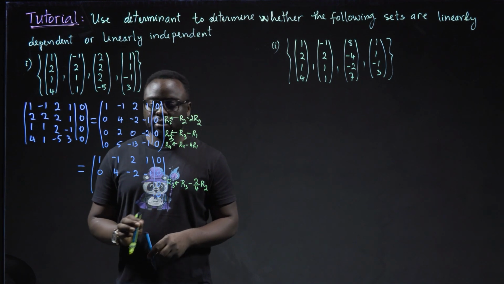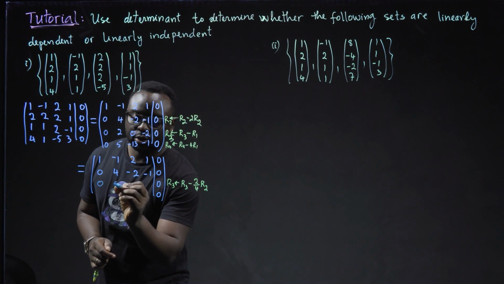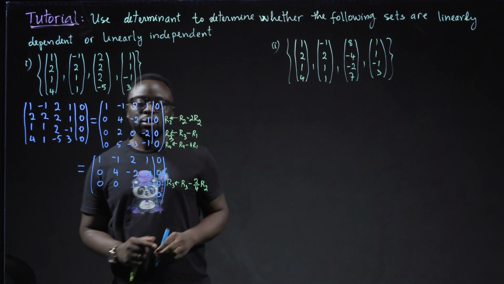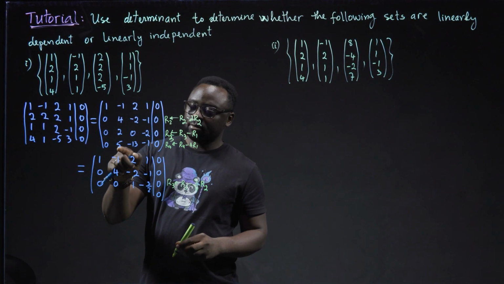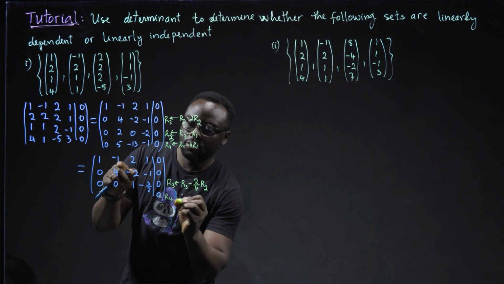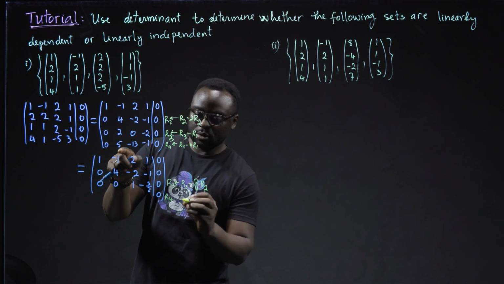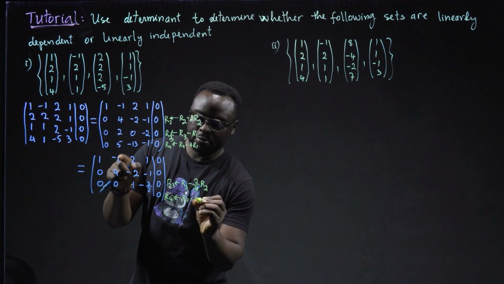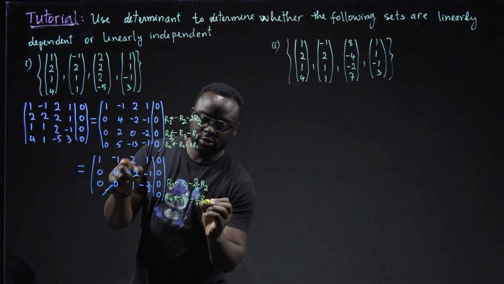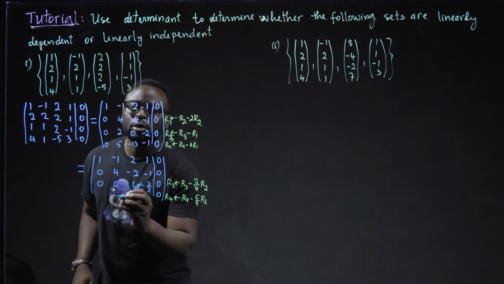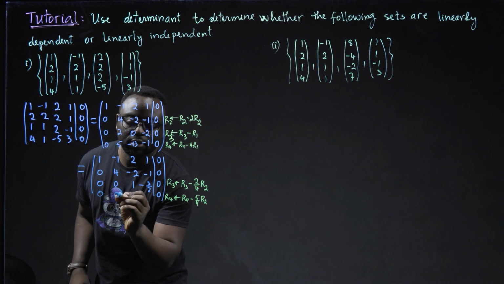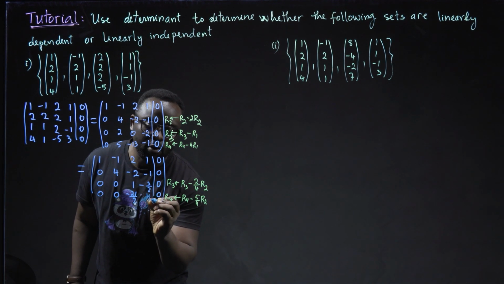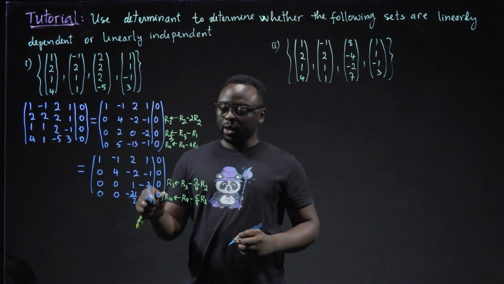By doing that, we have here 0. We also have 0. This is 1 and minus 3 over 2. For the last one, we have R4. We want to get rid of this 5. So this is R4 minus 5 over 4 R2. So this is 0, 0, minus 21 over 2, 1 over 4. So this is what we obtain.